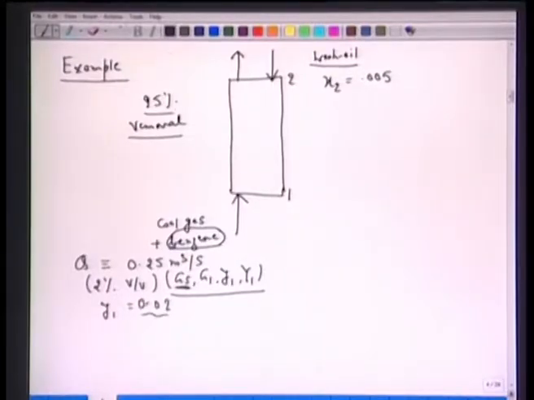So before we do the calculation, let us mark the specs here: GS, G2, small y2 and capital Y2. Notice we have GS without any subscript, because the amount of GS will remain the same. Okay, so that's the carrier gas, the benzene-free coal gas, which is not soluble in wash oil.